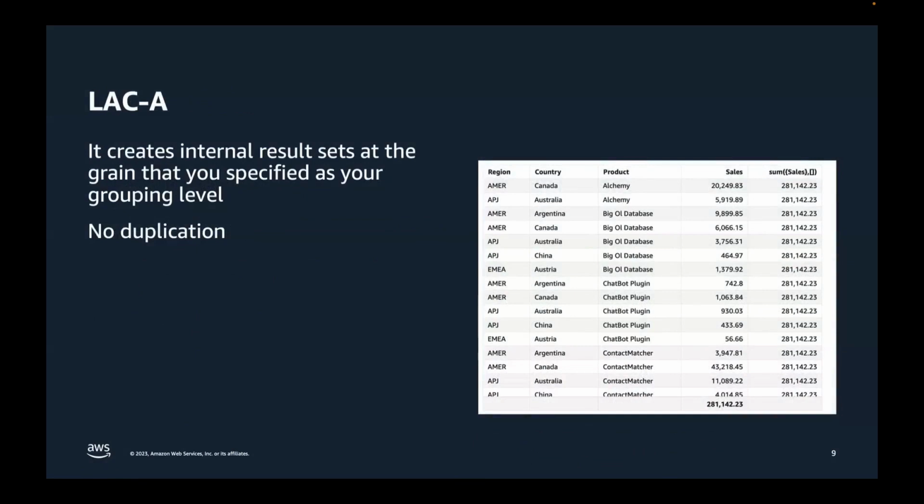So when the sum function comes in there, you don't have to worry about any double counting or duplication. LAC A handles that for you because it's having those intermediate or internal result sets at the grain that you specify, at your grouping level. So there won't be any duplication when you use the LAC A function.